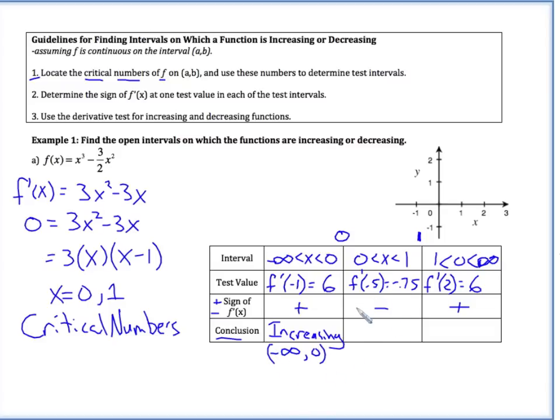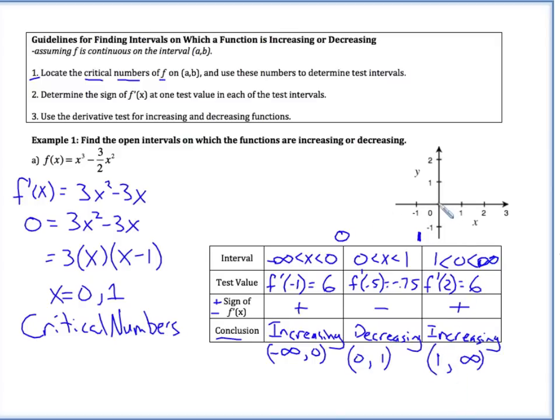Here, the derivative is negative between 0 and 1, and so we say this is a decreasing function on the interval 0 to 1. And here our derivative is positive, so again, this is going to be increasing, and that's our interval from 1 to infinity.